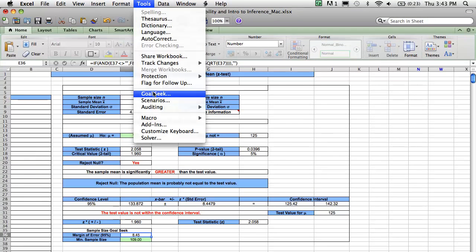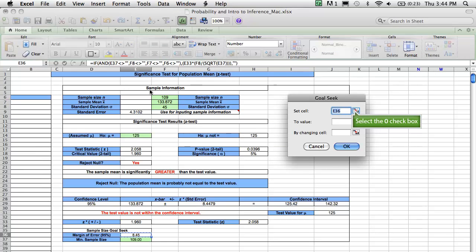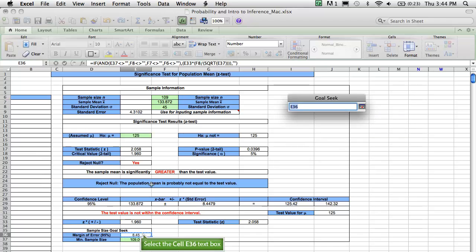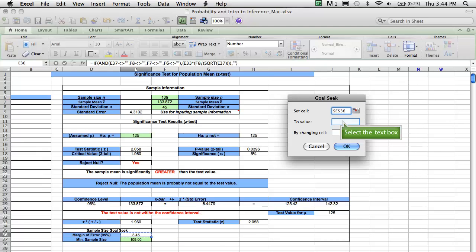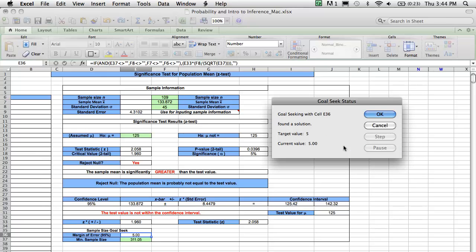Tools, goal-seek, and we would like to set the cell E36, the margin of error, to a value of 5, because remember, our income data are in thousands, by changing cell E37, our sample size.